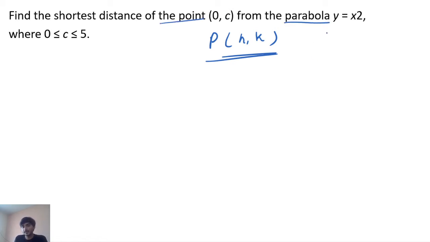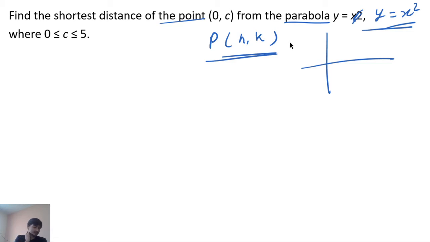This should have been y equal to x square. So if you have the parabola y equal to x square, in any case we can take a parabola and assume the distance.